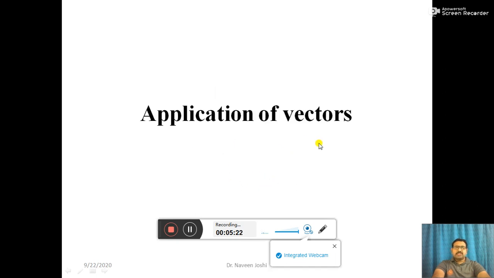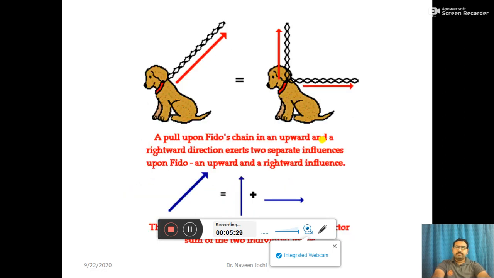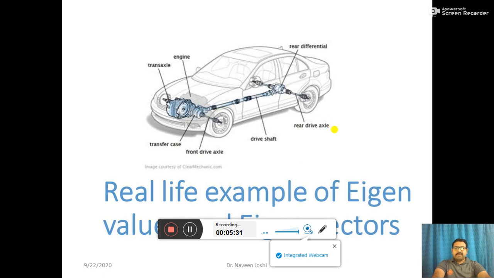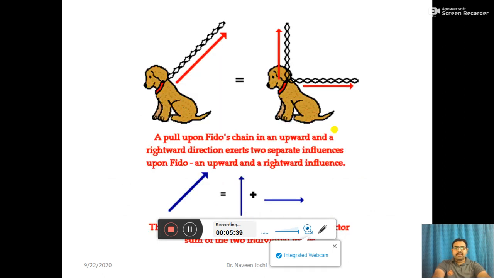Then applications of vectors in real life, where we are using these vector concepts. Let's see quickly. In real life, we use eigenvalues and eigenvectors to design car engines. This is one of the major advantages of vectors. And when you pull Fido's chain, there are two separate forces.